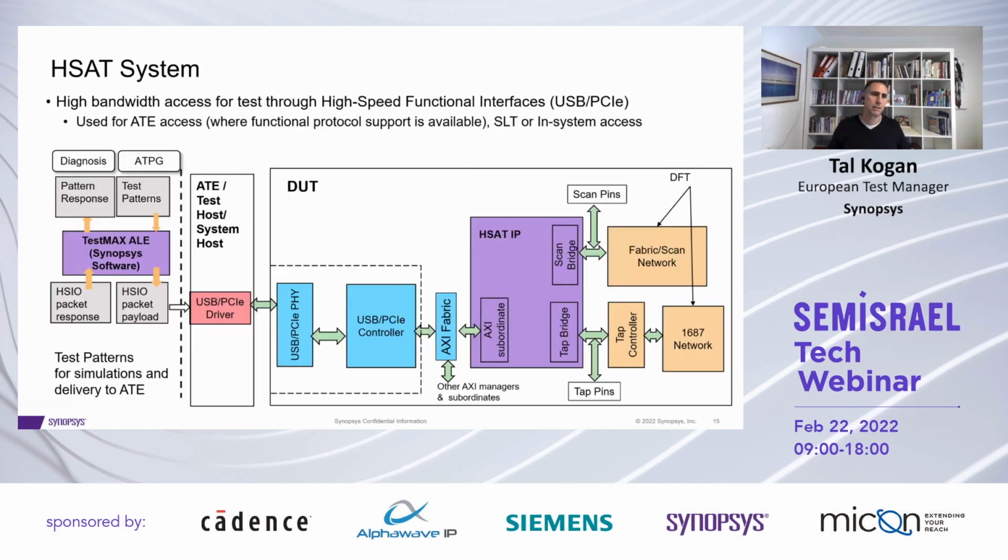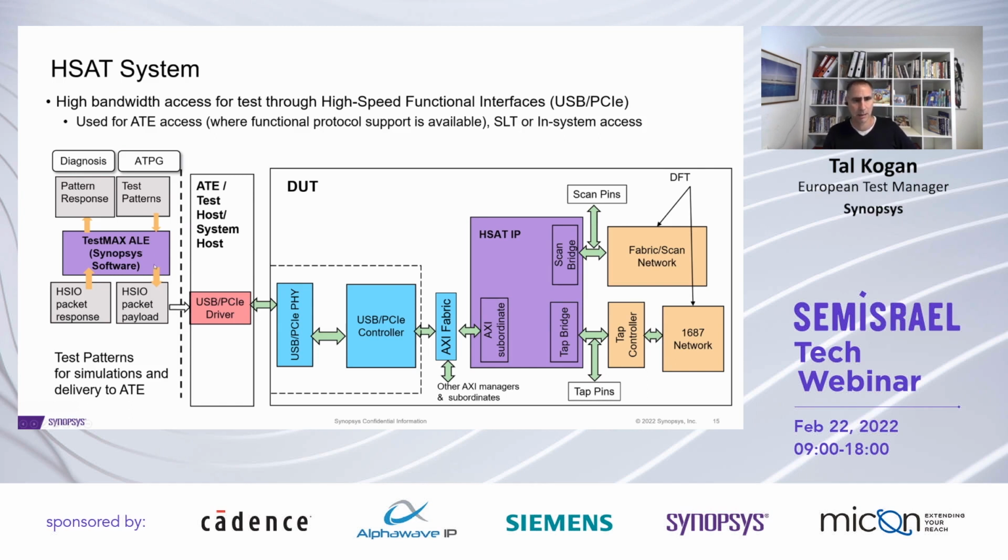Now here we see the entire system. You can see that the tester might even have a driver, in the production use case, for example. We'll talk about the way you generate the test patterns and what kind of transformation you have to do to them through the TestMax software.